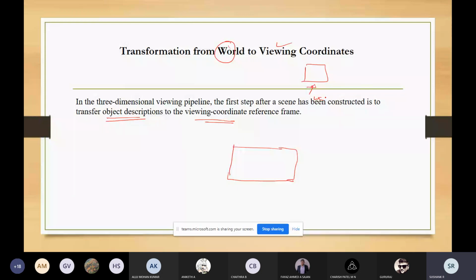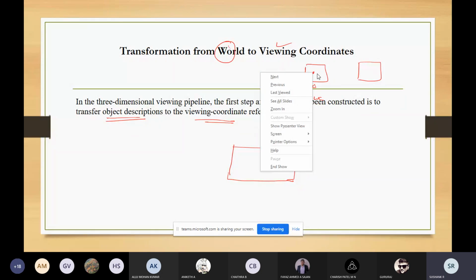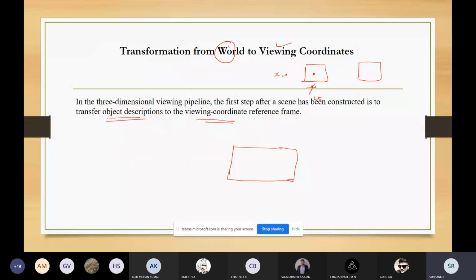Similarly, the transformation will be done for transferring a point. If there is a point at some location given by xw, yw, the same point will be transformed to the viewing coordinate reference given by xv, yv.